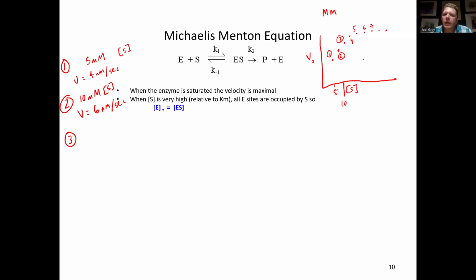What you see is that as your substrate concentration increases, which is what we were doing for trials 1, 2, 3, 4, 5, 6, 7, our velocity increases. But if you look on this y-axis, the velocity increases until it kind of plateaus.